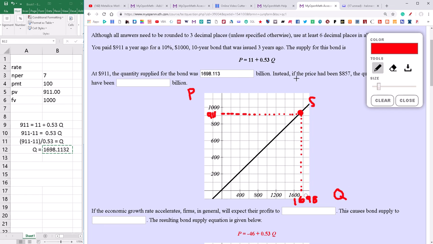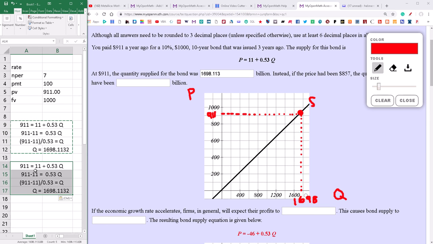If the price was $8.57 instead, I'll just go ahead and copy this. If the price had been $8.57 instead, I just got to change the price to $8.57.